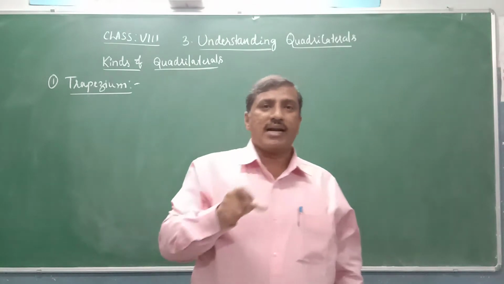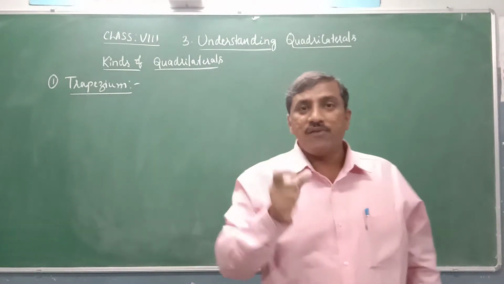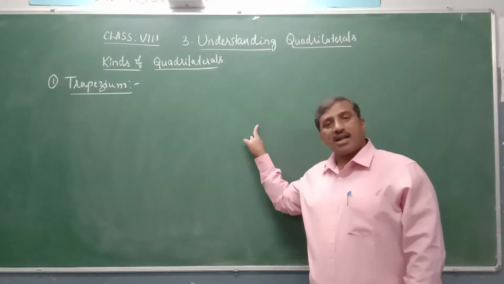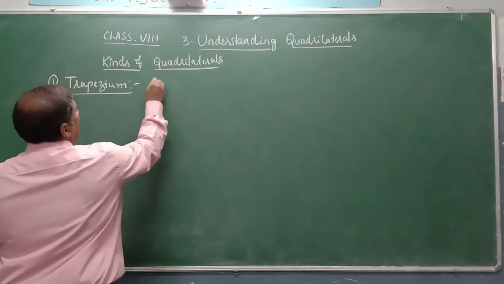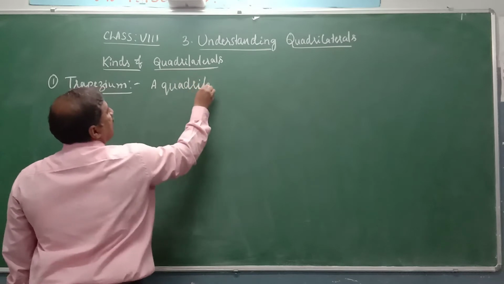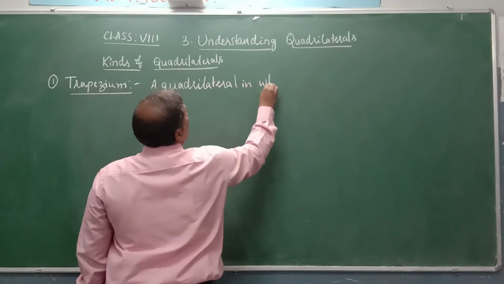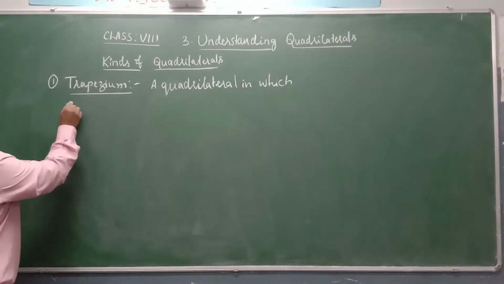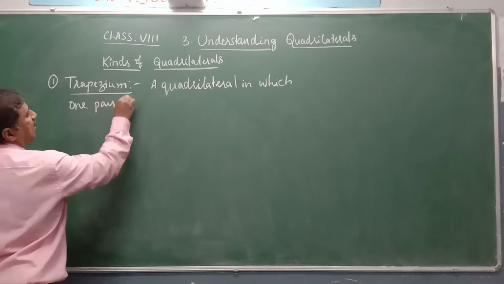In any quadrilateral, if one pair of opposite sides are parallel, such a quadrilateral is known as a trapezium.